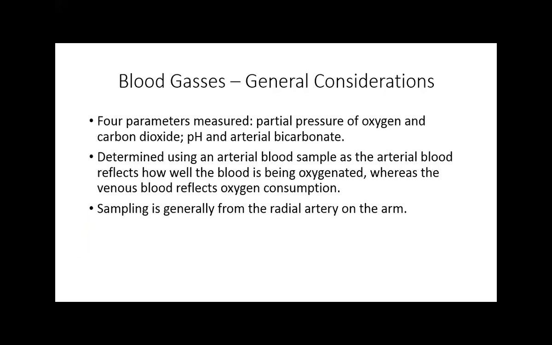actual gases themselves, but we'll also look at pH and bicarbonate, because it's really the combination of all of those parameters which will determine the availability of oxygen to the tissues, as well as the appropriate pH environment of the blood.